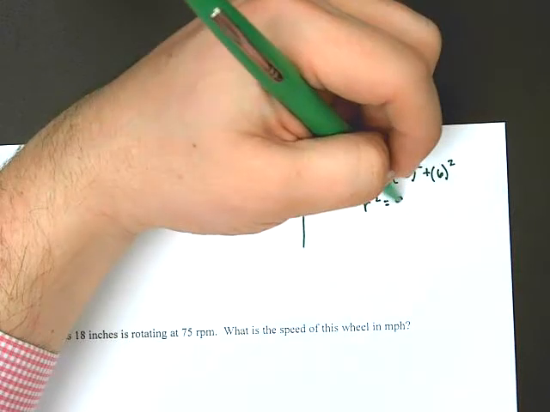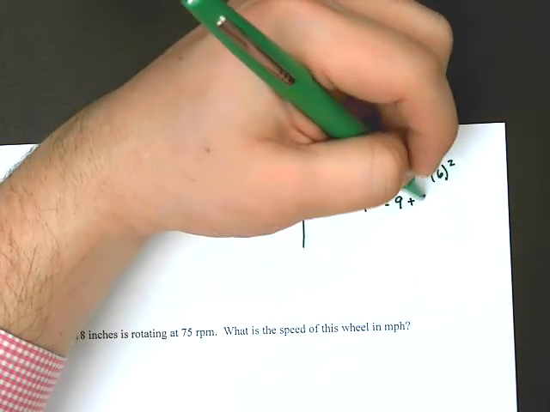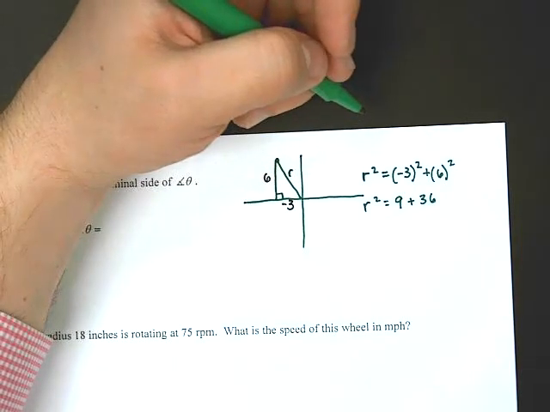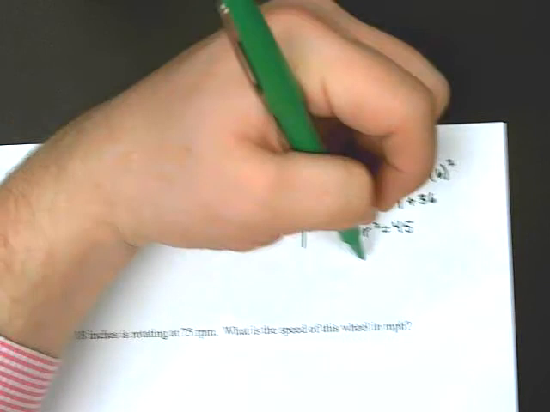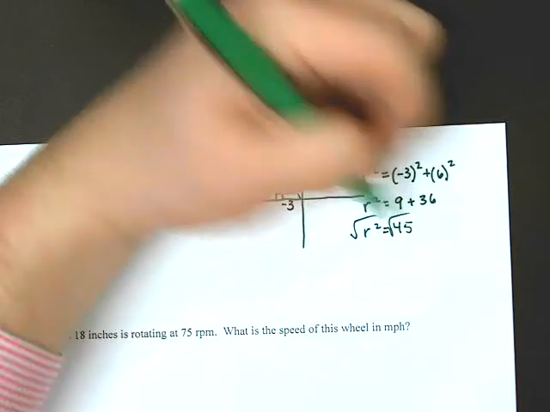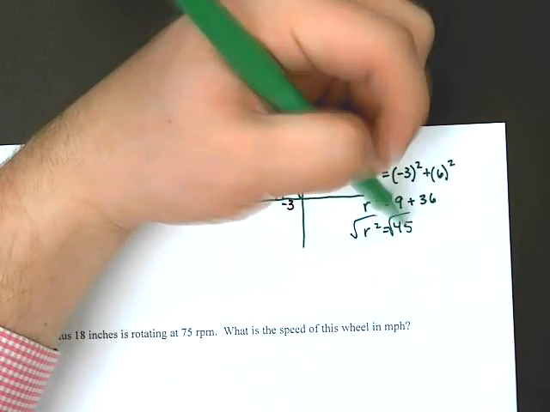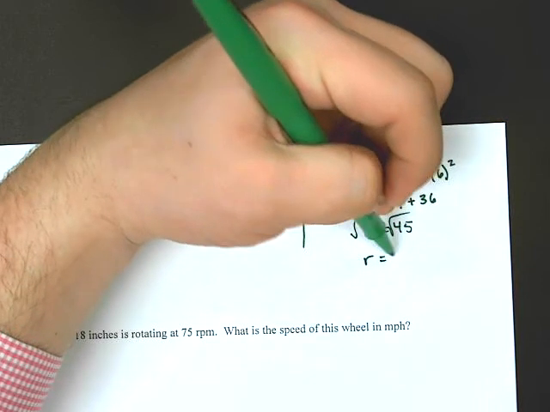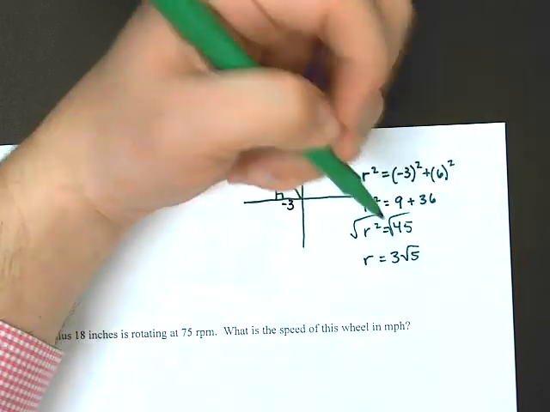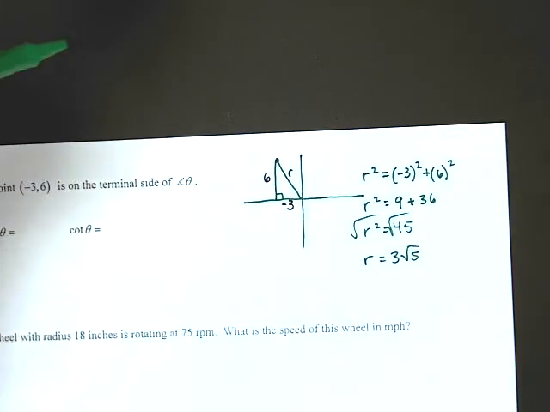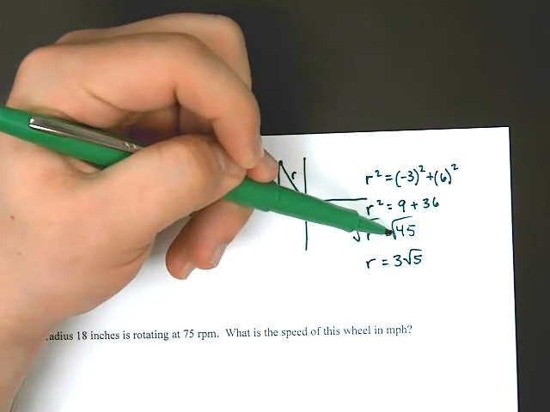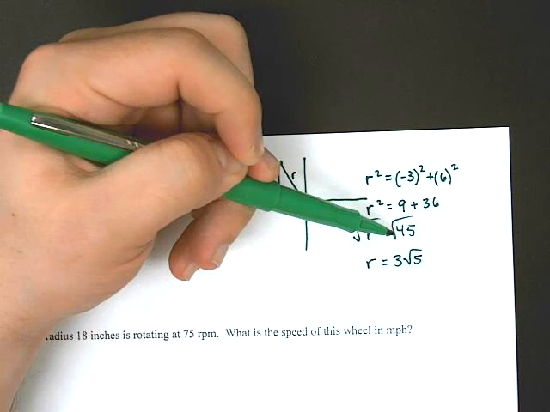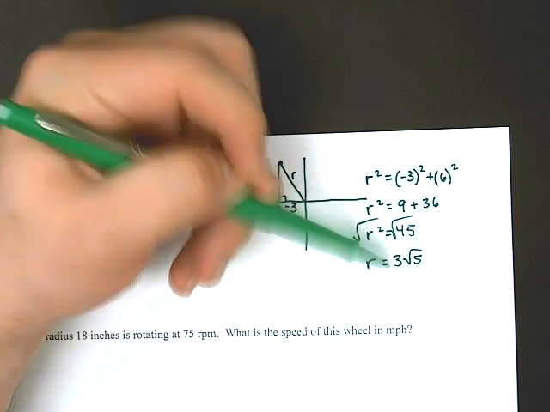So now we say that 9 plus 36, r squared has to be 45. When we square root both sides, this is a 9 and a 5, so I'm going to say that r is 3 root 5. Why is it 3? Well, because I can break square root 45 down into square root 9 times square root 5, and we know square root 9 is 3.